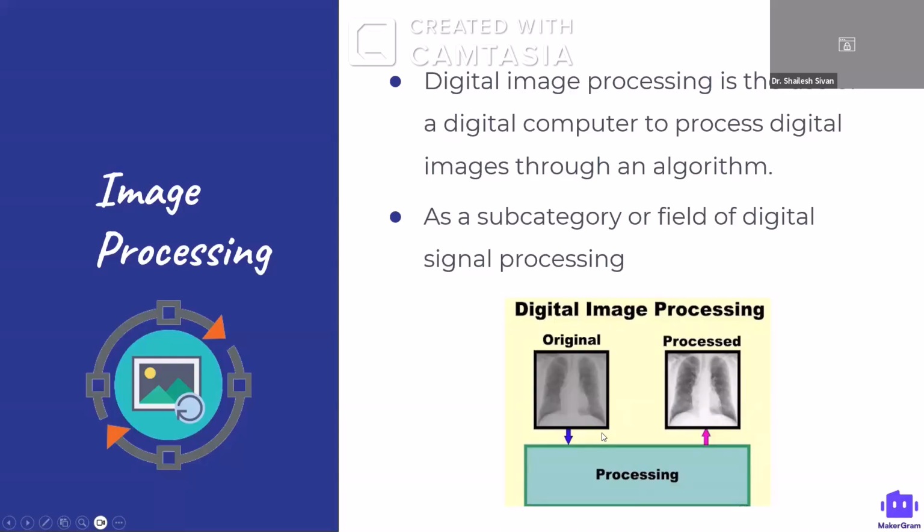Keep in mind, in digital image processing the input will be an image, the image gets manipulated using an algorithm, and the output of that process is again an image itself. The original image is processed, and we get the processed image as output.